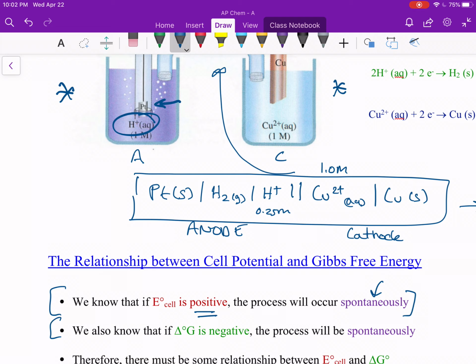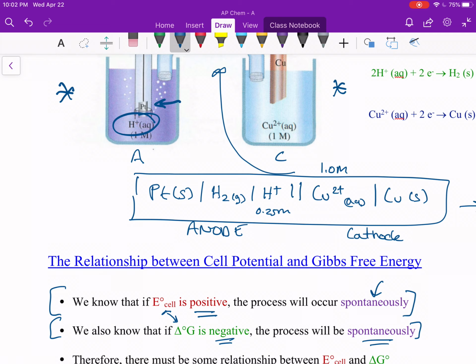We also know that when delta G is negative, in terms of a chemical reaction, that also means it's spontaneous. And because of that, there has to be some relationship between E cell and delta G. Fortunately, someone very smart figured out the mathematical formula that would help us relate those two values together.